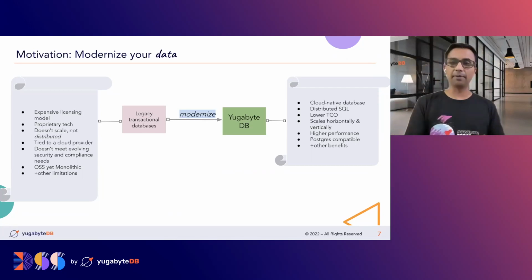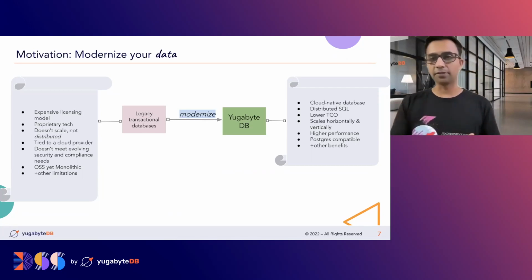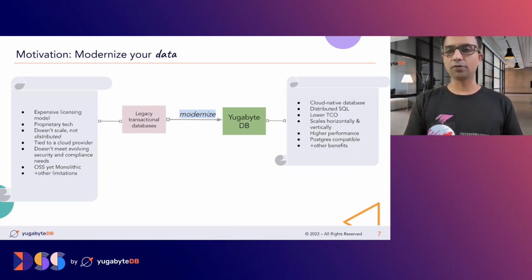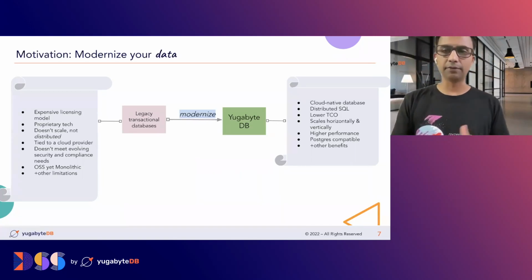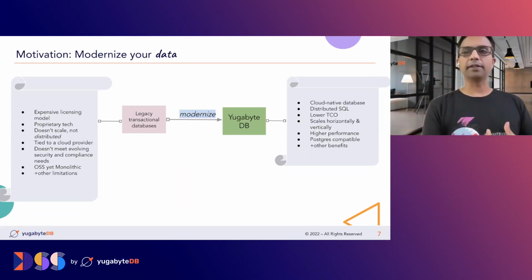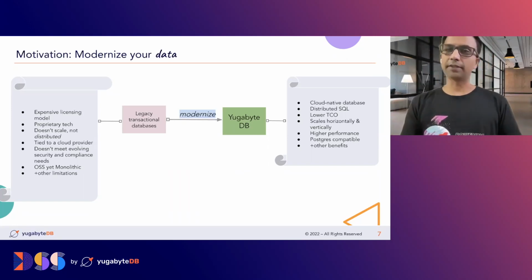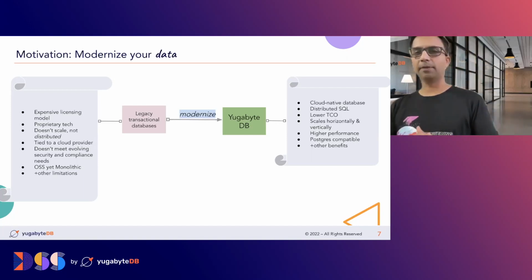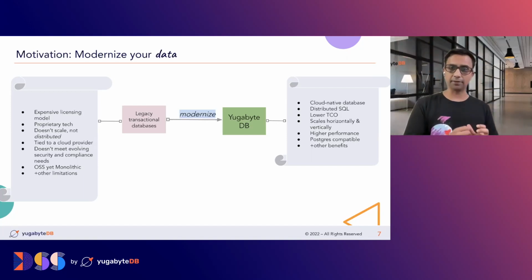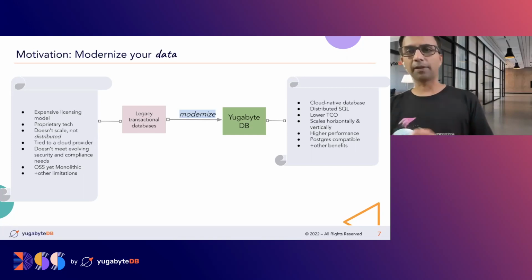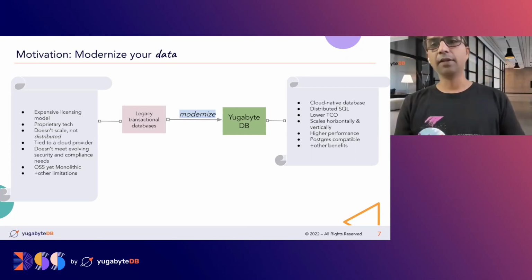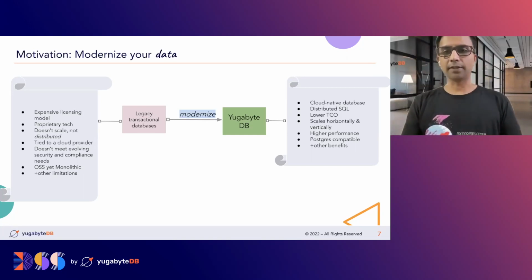It's a cloud native database, brings distributed SQL, lower TCO, scales horizontally and vertically beautifully, brings higher performance, and most importantly, it's Postgres compatible. So it's a familiar, known API or interface for developers as they develop their apps. It's just plain old Postgres on the query layer and distributed down underneath, plus a bunch of other benefits.